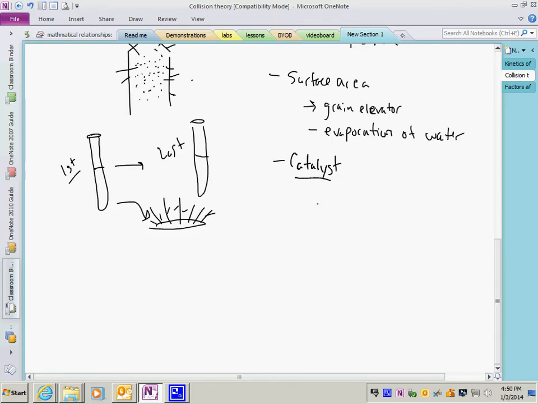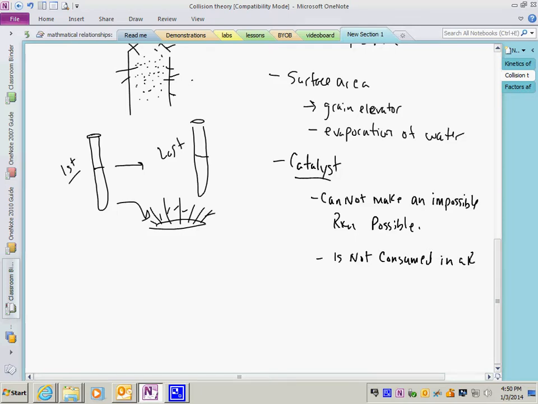But one or two things you might want to know about a catalyst is, one, it cannot make an impossible reaction possible. And next, it is not consumed in a reaction. So it's there in the beginning and it's there in the end.